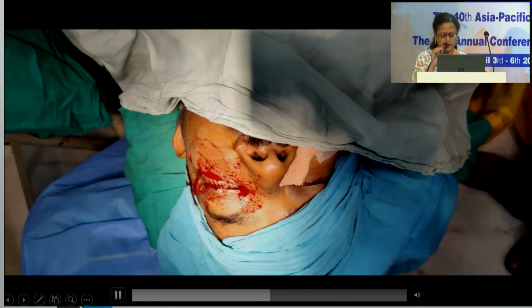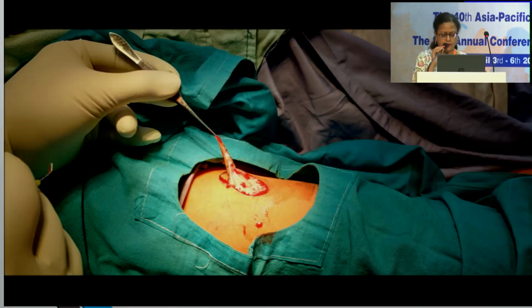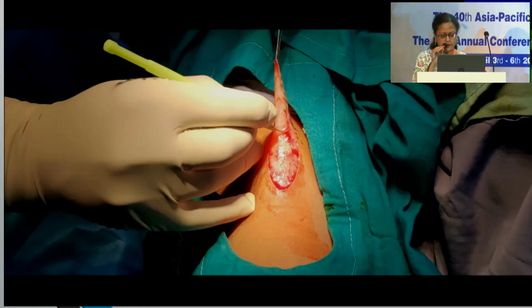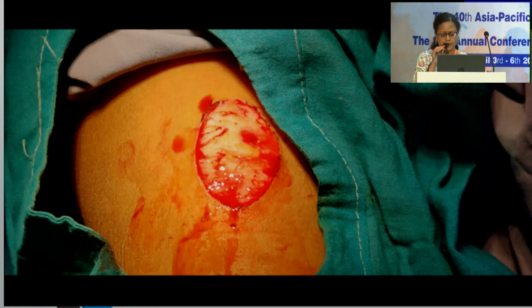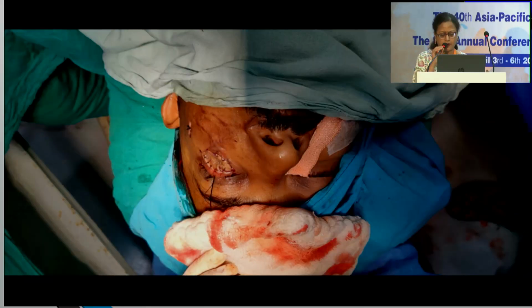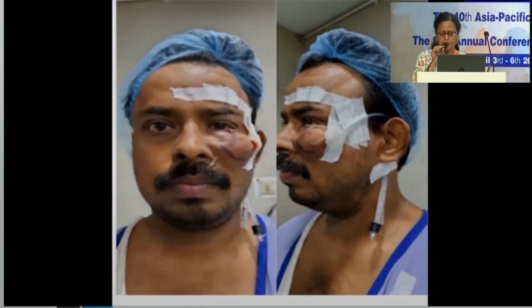After removal, the same thing, the scar excision and harvesting of the skin graft. A small area of skin was harvested, and after tissue mobilization, the graft was placed.